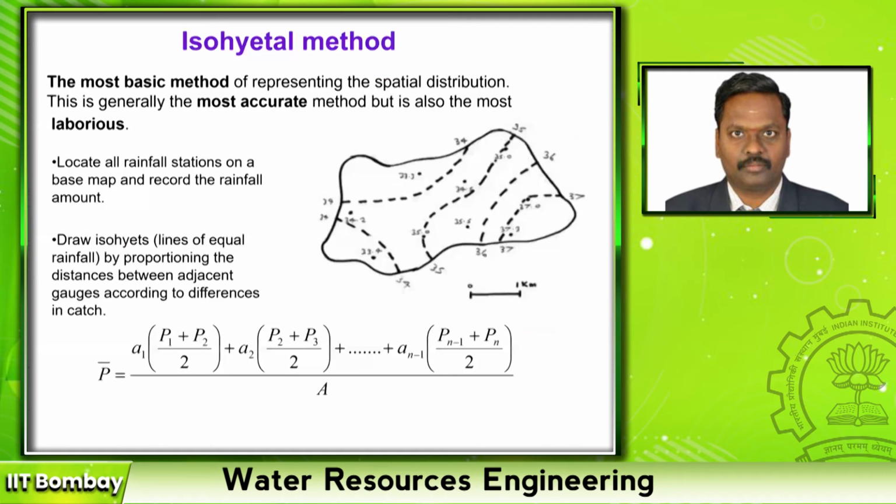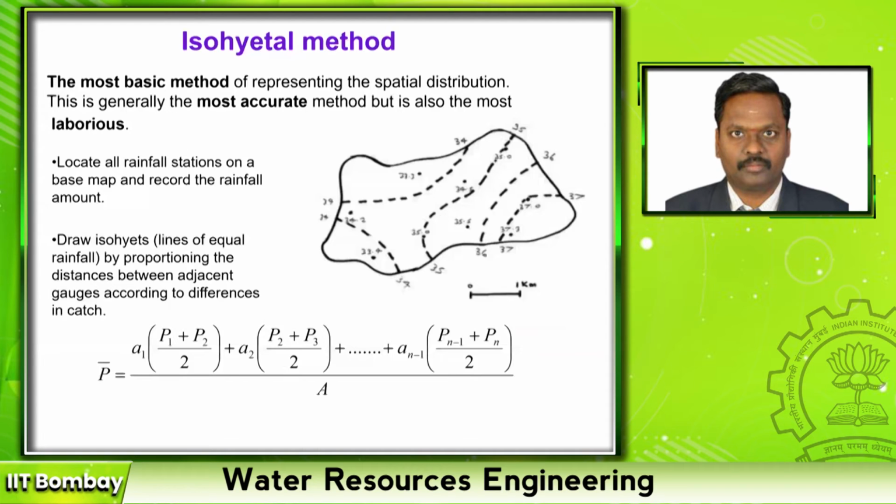For example, these small dots are the rain gauge stations. First, you connect each rain gauge station to the adjacent rain gauge station. These small dotted lines connect one station with another station. Then for each and every line, you draw a perpendicular, right? And these perpendiculars meet and form a polygon.